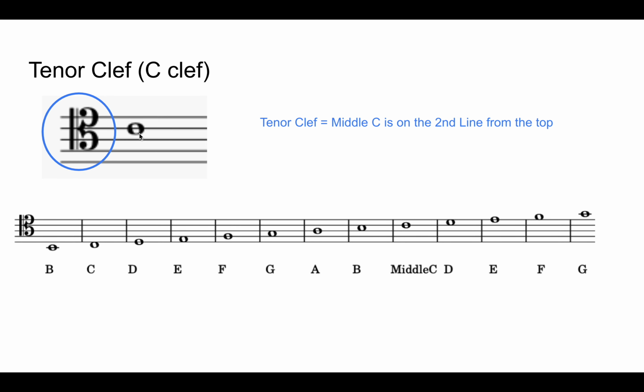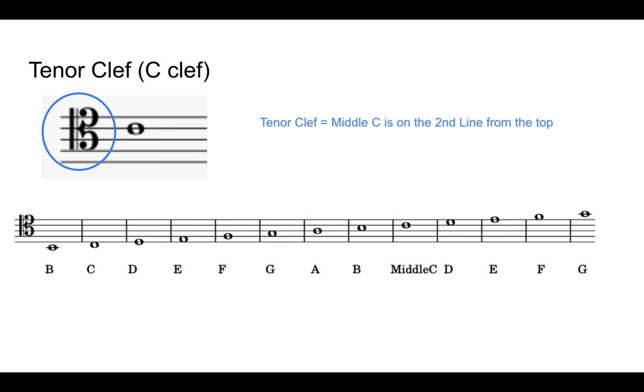So if middle C is now on the second line from the top, you've got middle C there, and we can count up again and work out where the rest of the notes are, and we count down and work out the notes at the lower end of the stave. These two clefs are less common, but they do occur regularly.